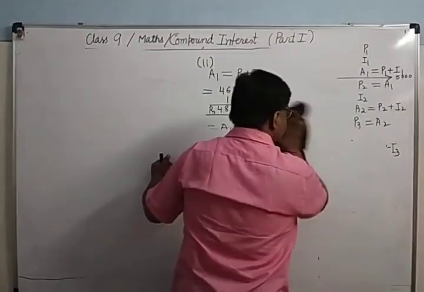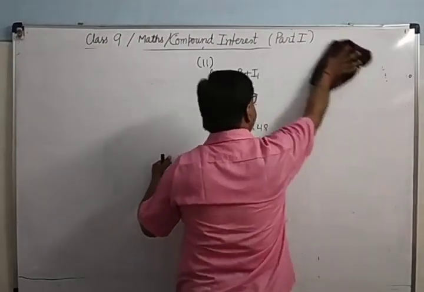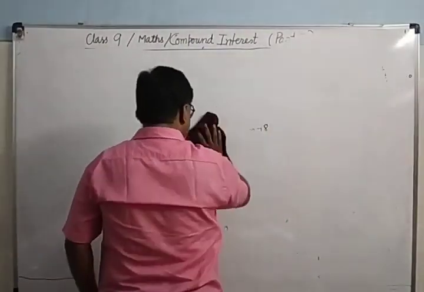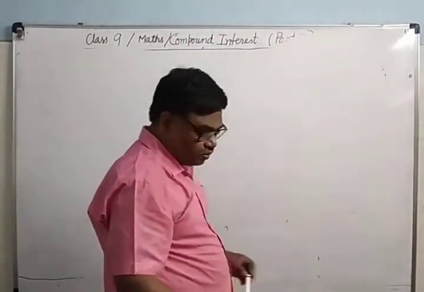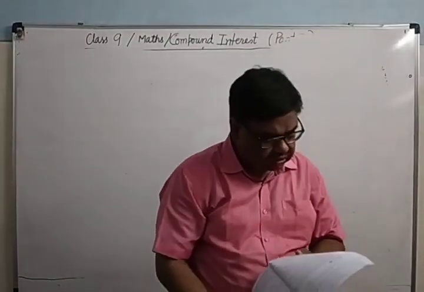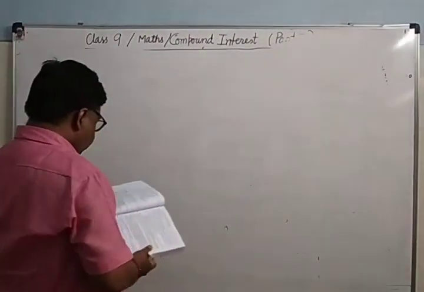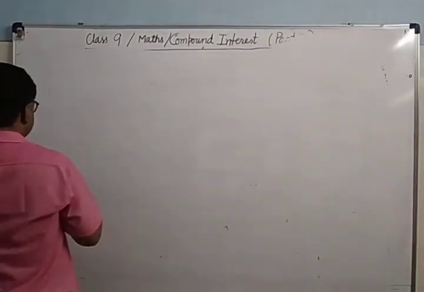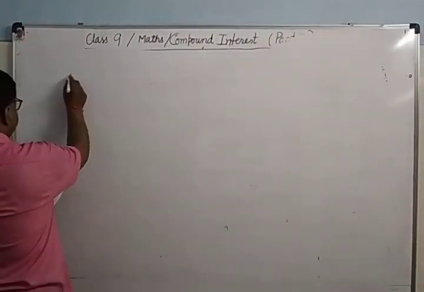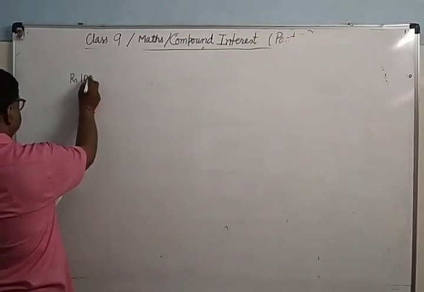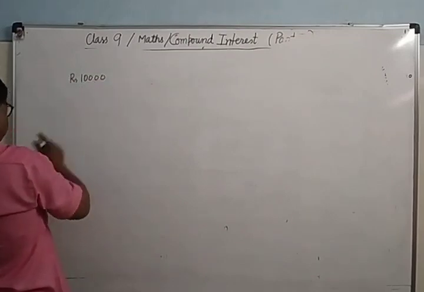Now see here. Question number 6. A person invests rupees 10,000 for 2 years at a certain rate of interest. Rupees 10,000 for 2 years.